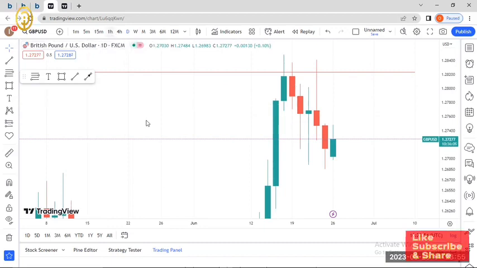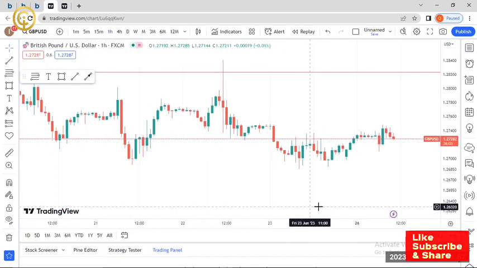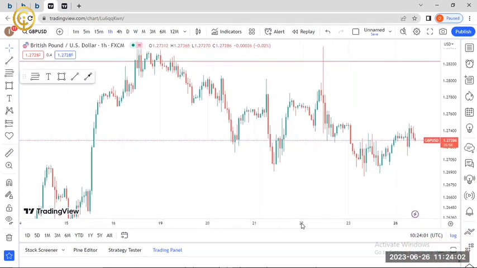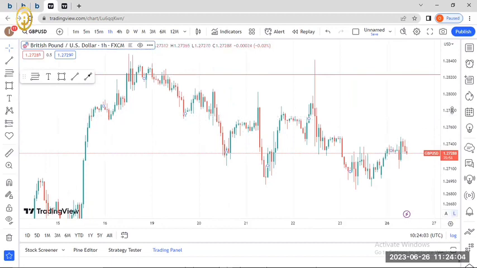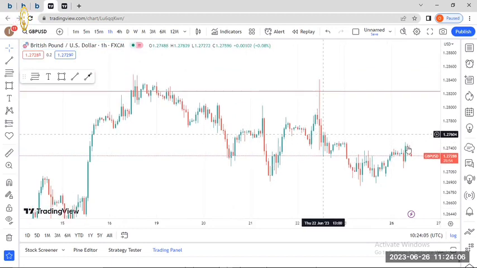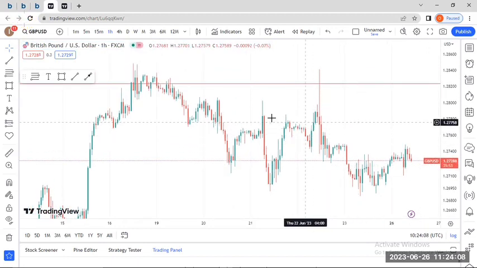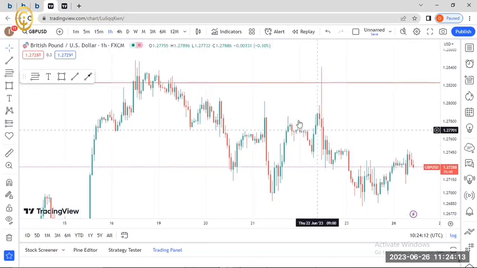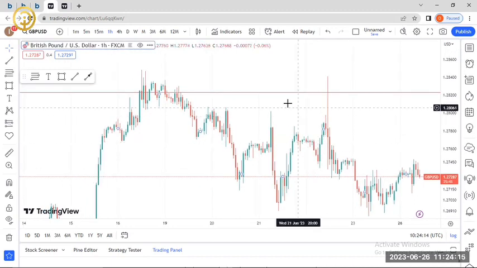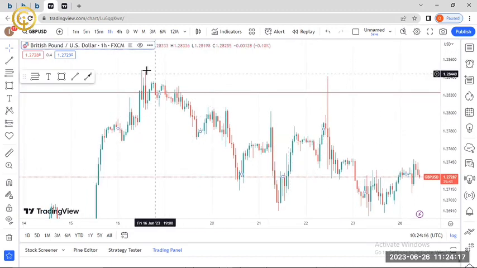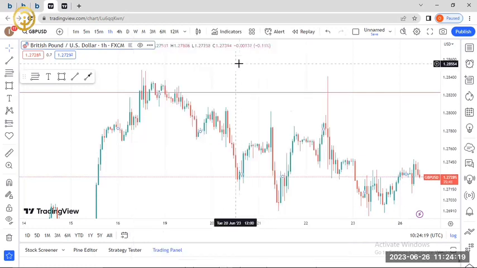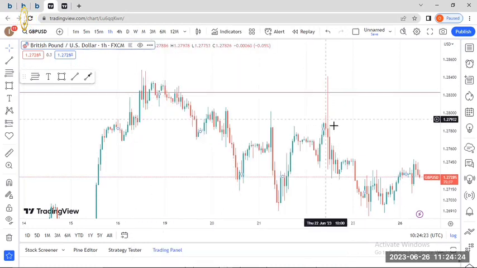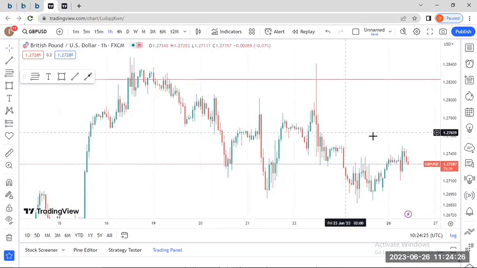So this week, as for GBP, it was actually quite a week that I knew we had to experience manipulation. That was why I told everyone to avoid it for a fact. But as at this day, I was actually buying to take my profit as at this high. I was expecting it to come to this high. Understand? But it just went here and then reversed. But it's all good.